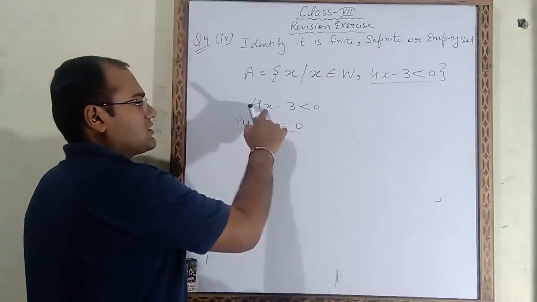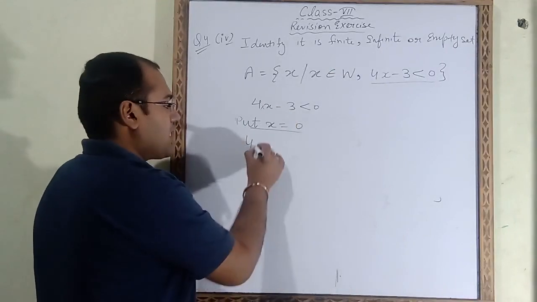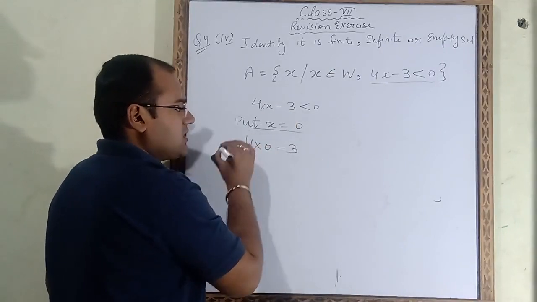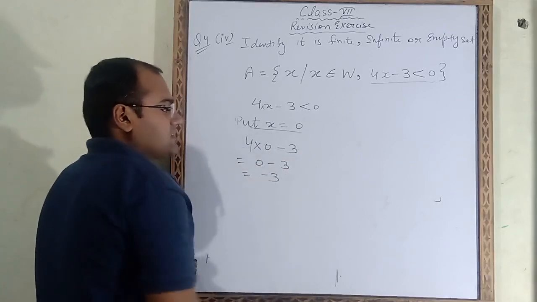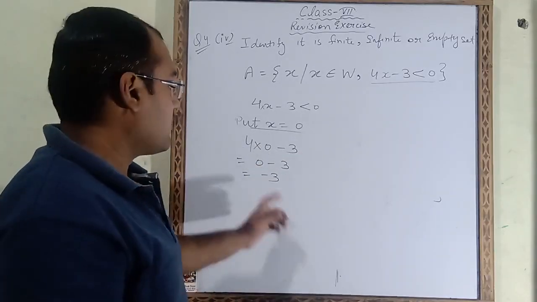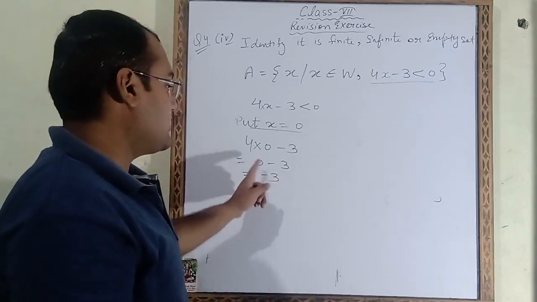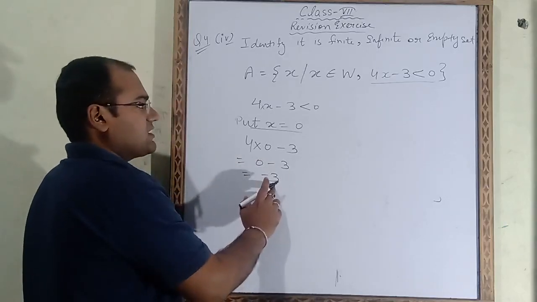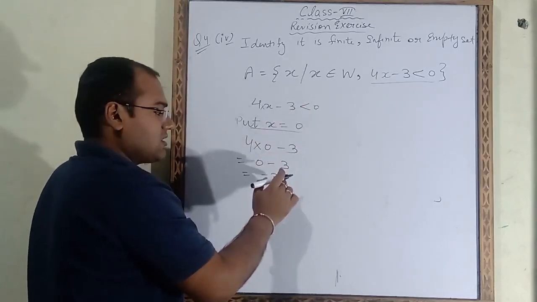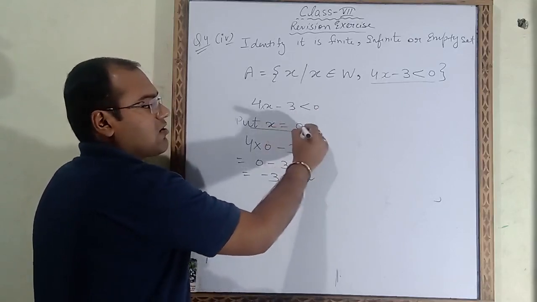Now 4, after that no sign is there, that means multiply. 4 multiply 0 minus 3. On solving, 0 minus 3 will be minus 3. 3 minus 0 would be 3, but 0 minus 3 is minus 3. Now we check: is minus 3 less than 0? Yes, minus 3 is less than 0. That means this answer for x is correct.